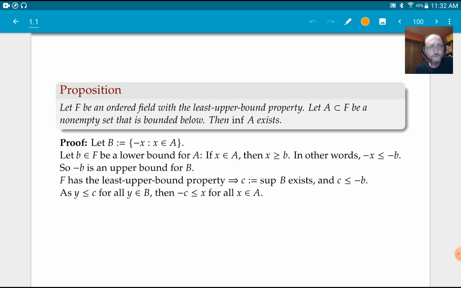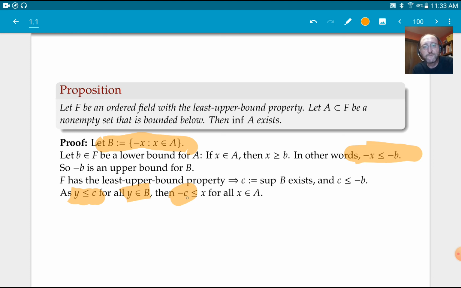Now, C is an upper bound, so we get that y is less than or equal to C for all y in B. From that, we again go through the definition of what B is in terms of A. It's the same thing as we're doing over here, we just negate both sides.